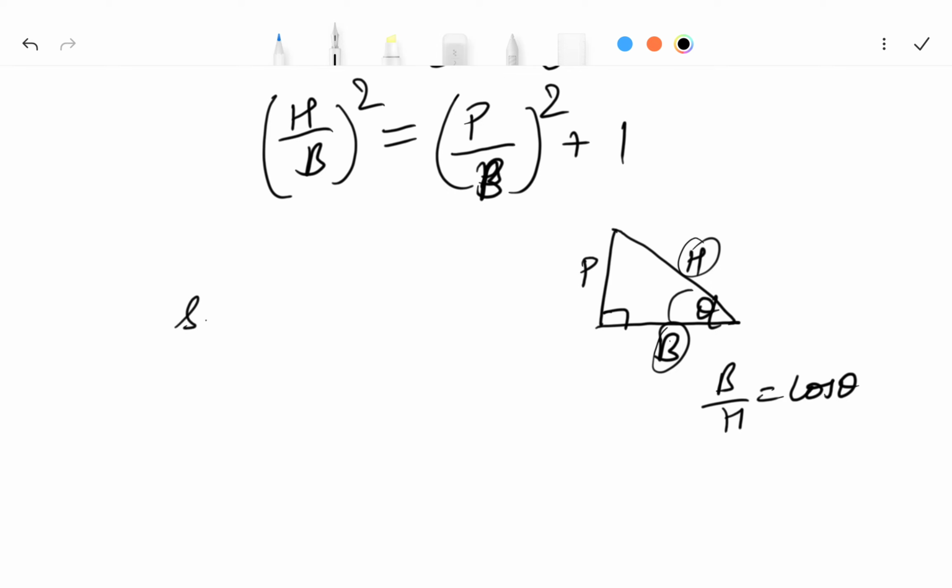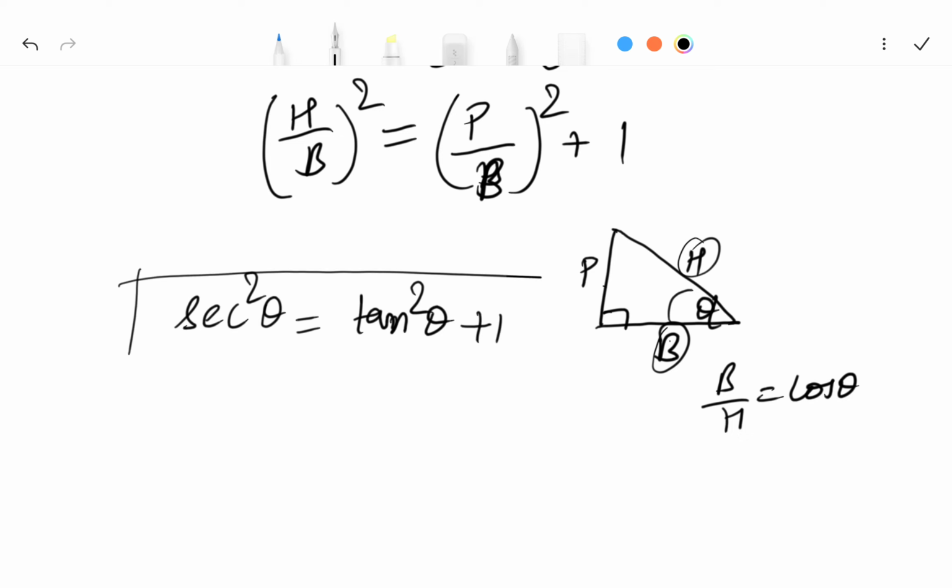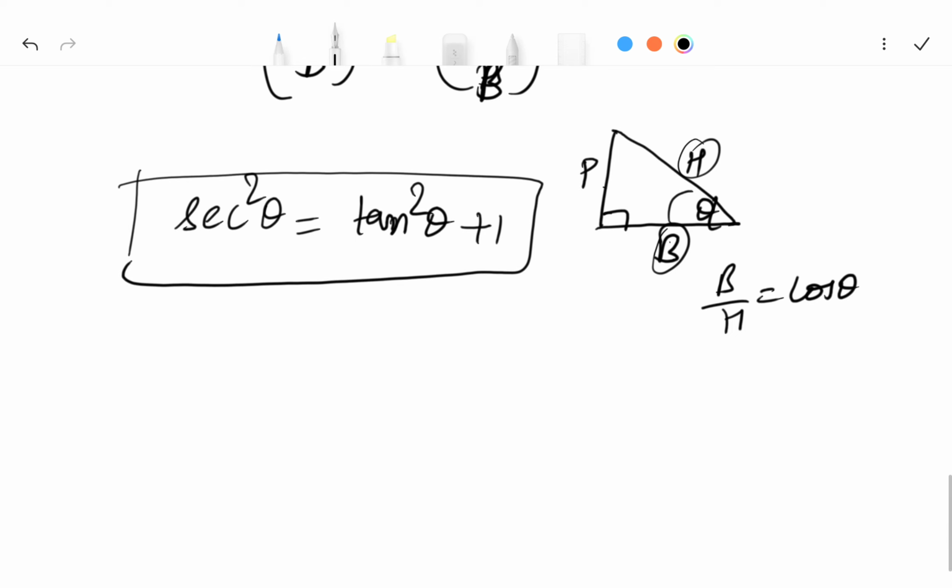So secant square theta equals, what is p by b? P by b is tan square theta plus 1. Now this is my third formula. I hope you have understood all this stuff.